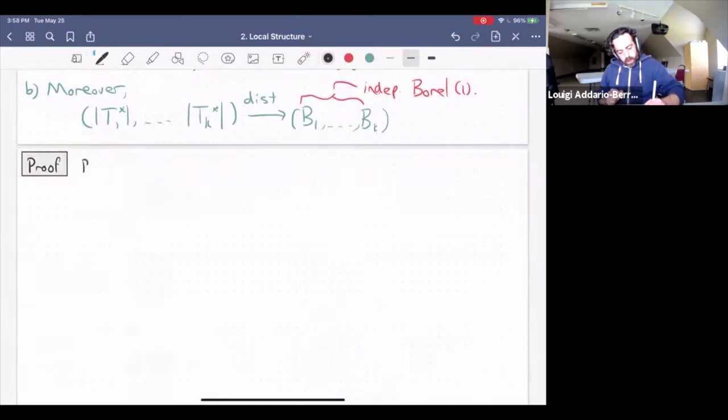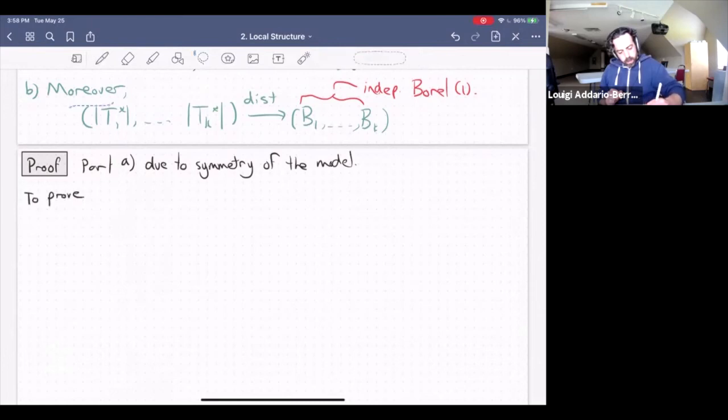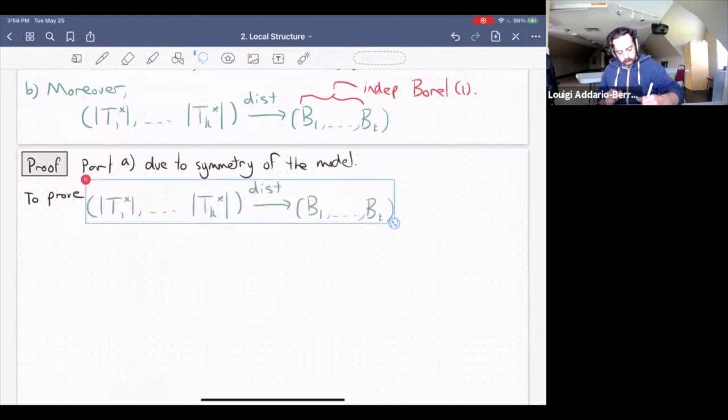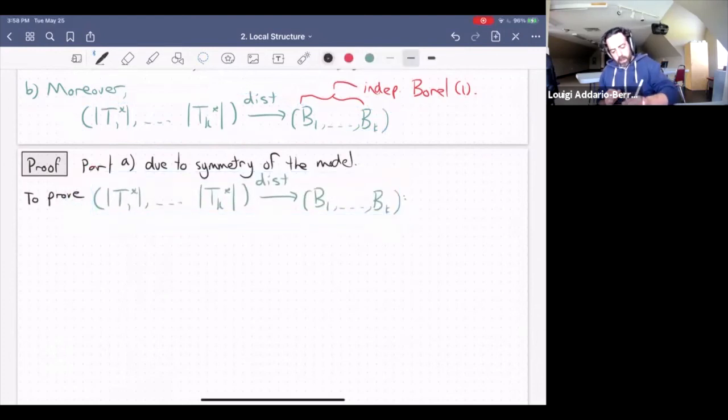Okay, so to prove this, I'm going to use a different way of generating a uniform tree in Tn.